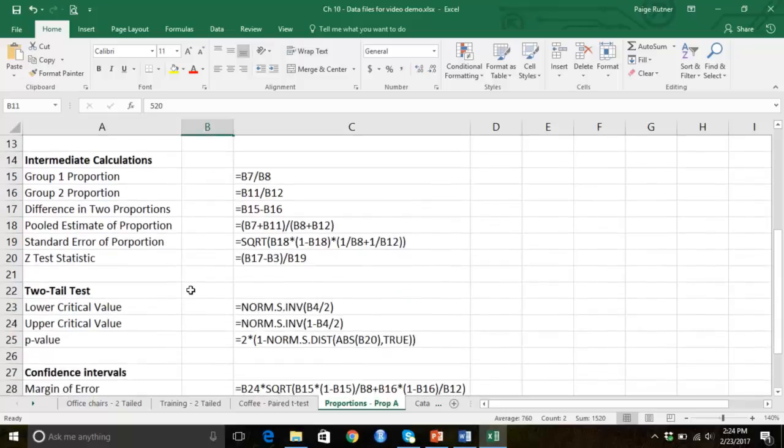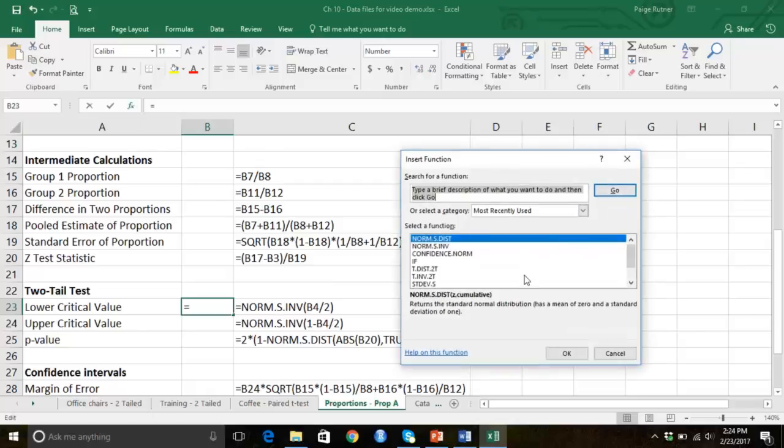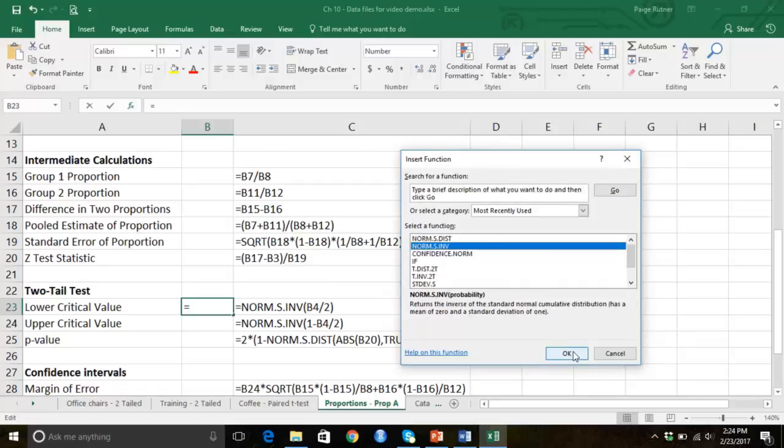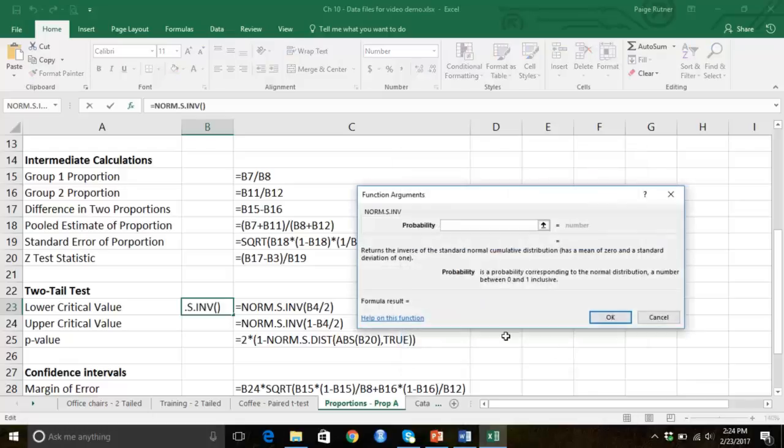I'm going to come down here to where I'm doing my critical values. And we can determine those critical values with our inverse function for the normal distribution. Remember, an inverse function is what we use when we are starting with a probability, and alpha represents a probability, and we want to find a z-score or a t-score to go along with it.